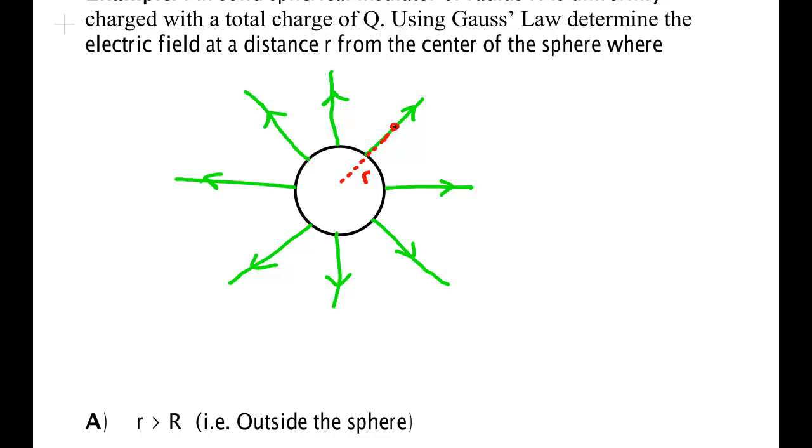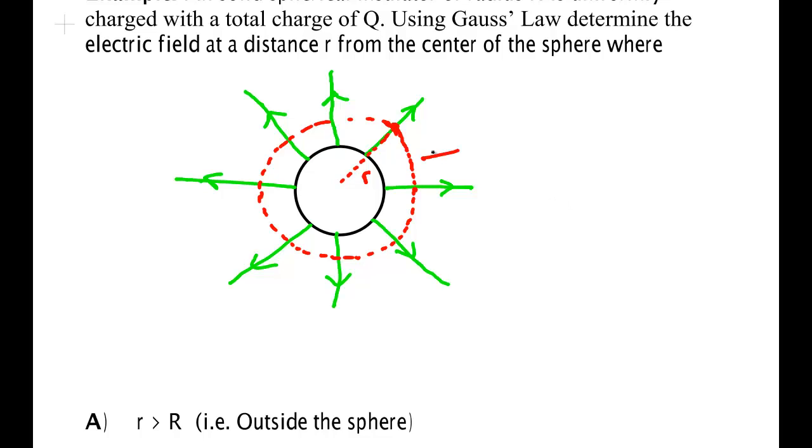I need to find a surface that's perpendicular. Well, that's easy. It needs to be perpendicular to all the lines as I go around. So what I need to draw, at least as best I can, is a sphere. Forgive my lack of drawing skills. A sphere of radius r.